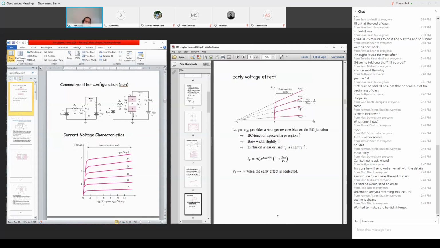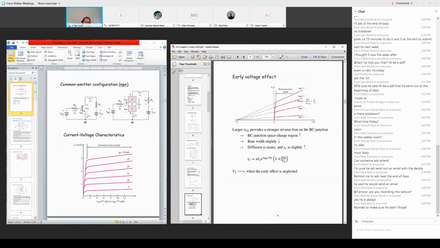So how do we model this linear behavior? We modify the collector current. The collector current has a first part, which is alpha times the emitter current. Usually we say the collector current is not beta IB, but alpha times IE. So alpha times IE is the first part. How do we model this slight linear dependence on VCE?